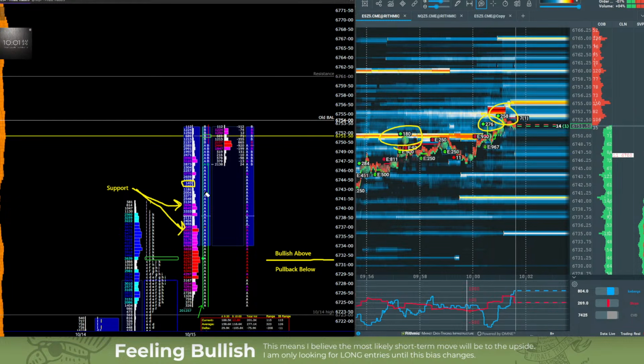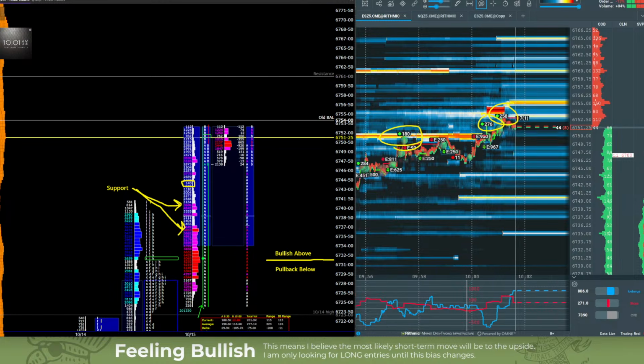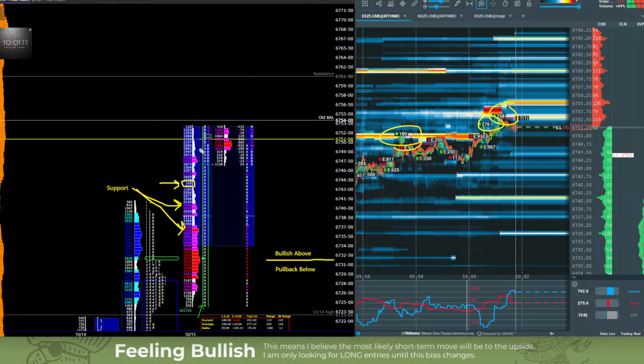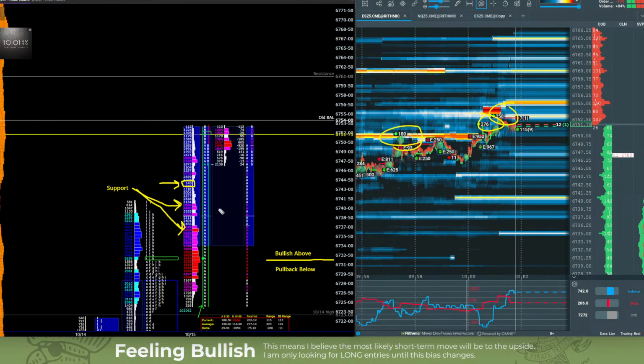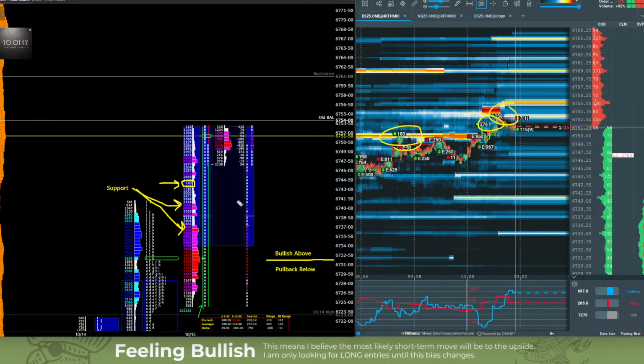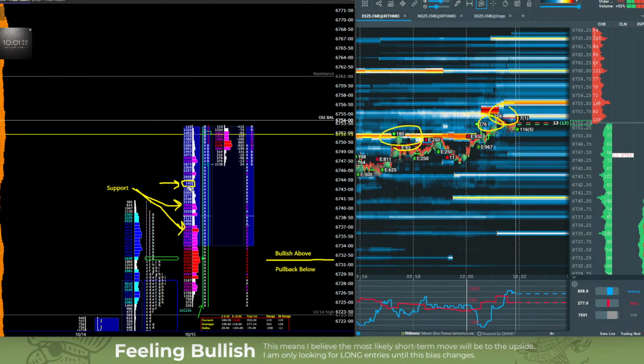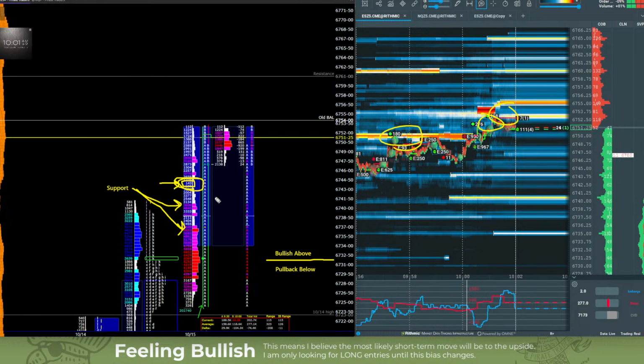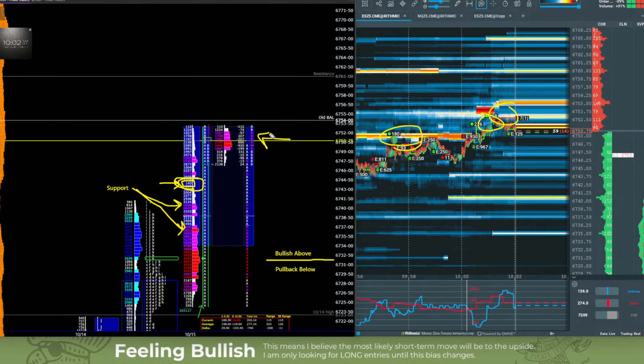The other reason is we have this low volume node right here. Anytime I see less than 200 contracts have traded at any particular level inside the range, I make note of it because there's a very high probability, 95% probability, that at some point today the market's going to come back to this level. And so if I'm like, oh my God, I wish I was long, but I'm not, that's fine.